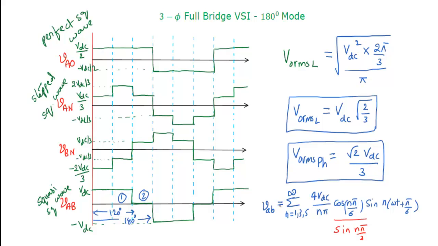So if you want the respective things for the phase voltages from the Fourier series, you can use the line voltage, and once you have calculated whatever is required for the line, divide by root 3, then you will get the phase voltages. That's why no need to worry about the phase voltage Fourier series.